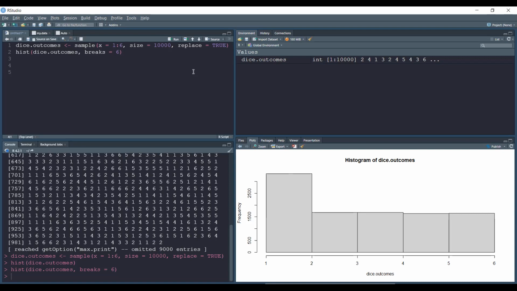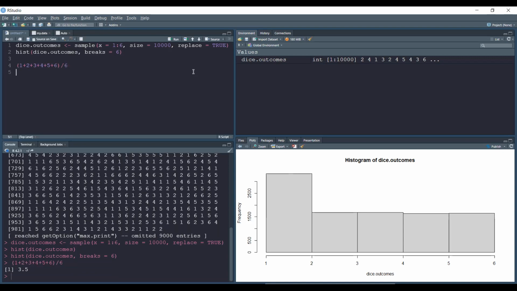What do we mean by expectation? Expectation is another word for mean in statistics. So if it's a dice, you have 1, 2, 3, 4, 5, 6, each of them with a 1/6 probability. I can take that 1/6 out as a common factor, and that's 3.5.